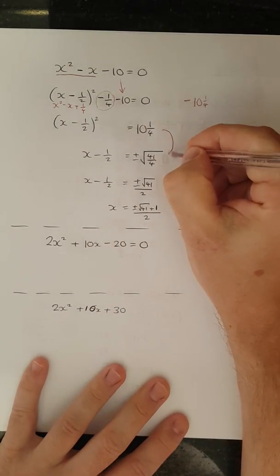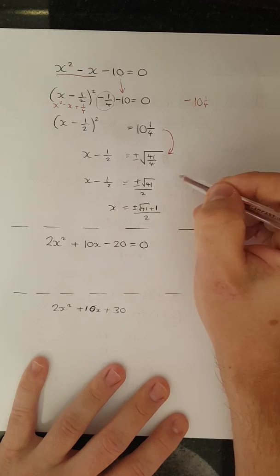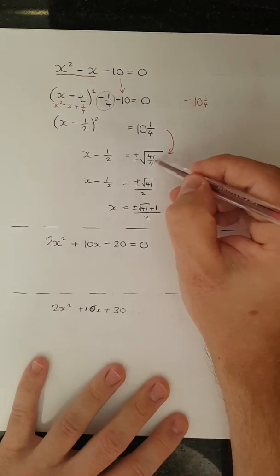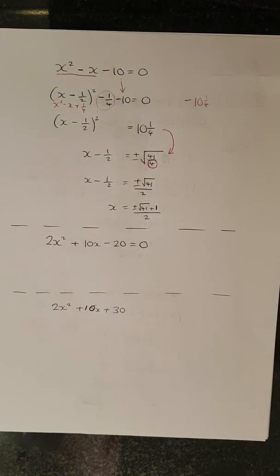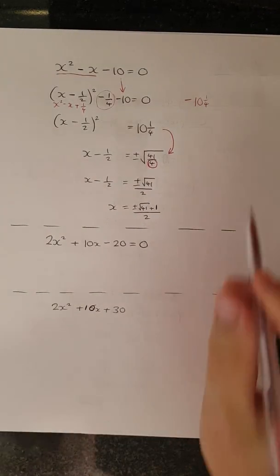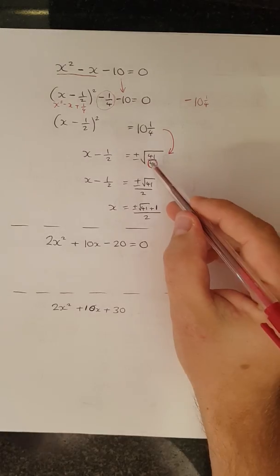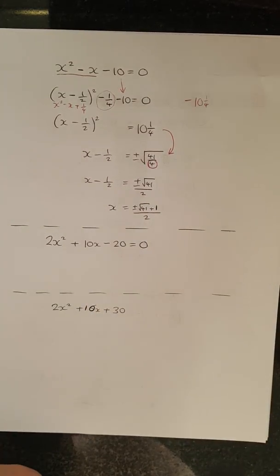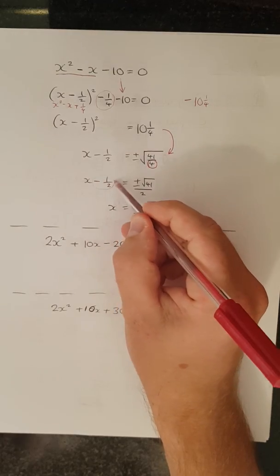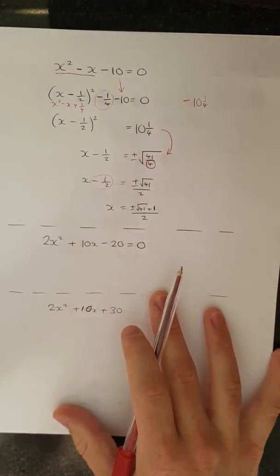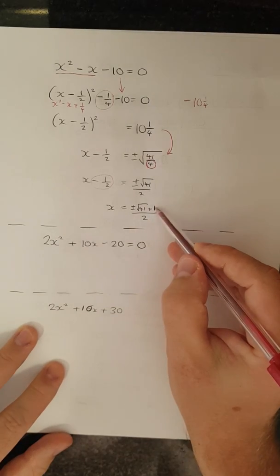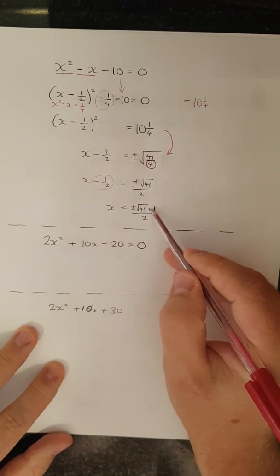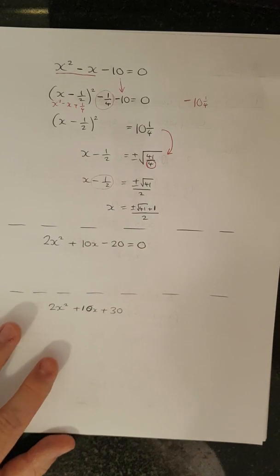Now I've written it as an improper fraction. Why have I done that? Well done, it's because of the 4 if you spotted it. So I square root the 4 and I get all over 2. I've then got to get rid of this minus a half, so I add half to both sides. So, because it's got the same denominator, I combine it neatly on the end.